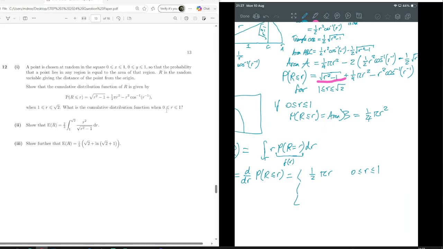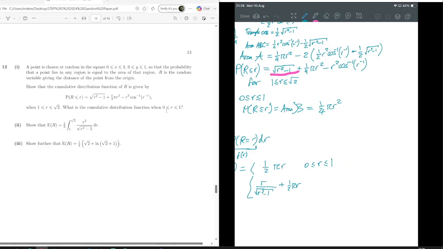A 2r pops out, so that's going to be r. The half goes down to a negative half. So that term differentiates to r over root r squared minus 1. Quite pleasing, because that matches with at least the denominator of what I'm trying to show. Plus a half pi r for that second term.